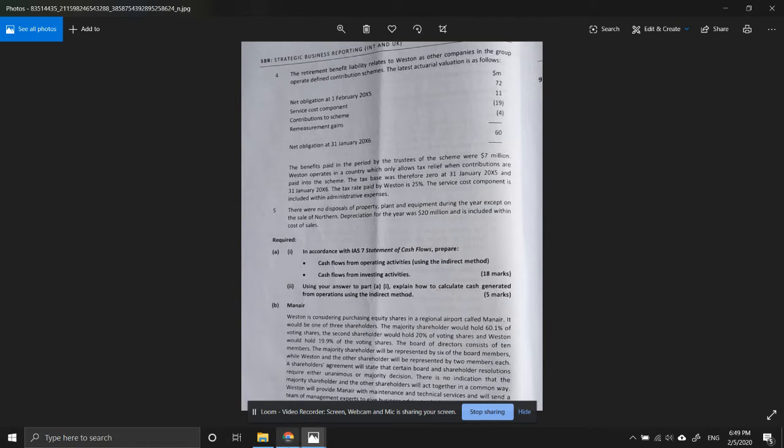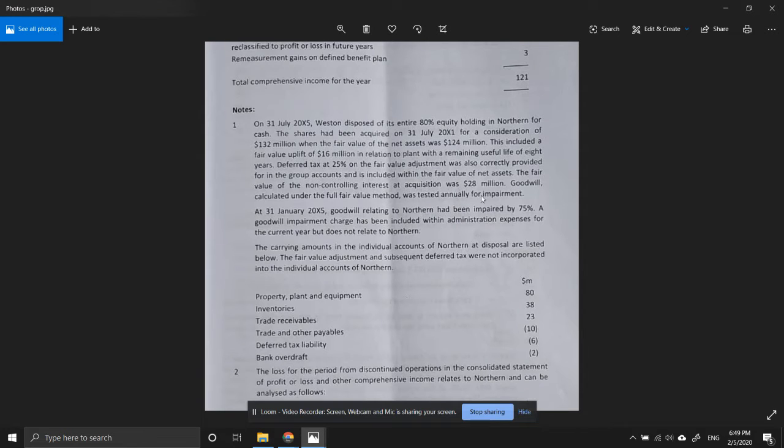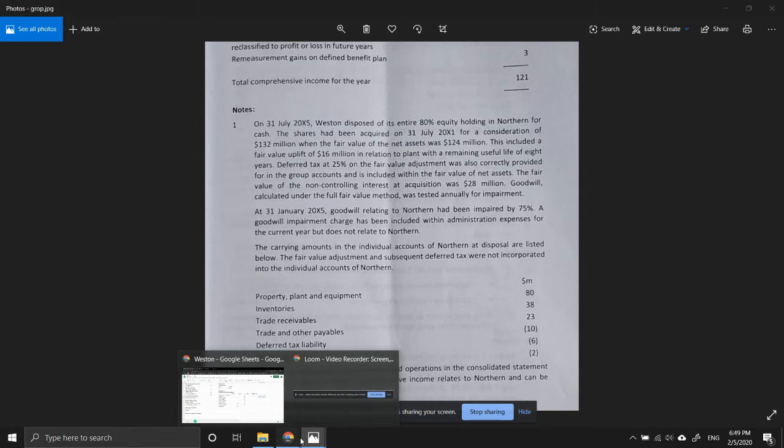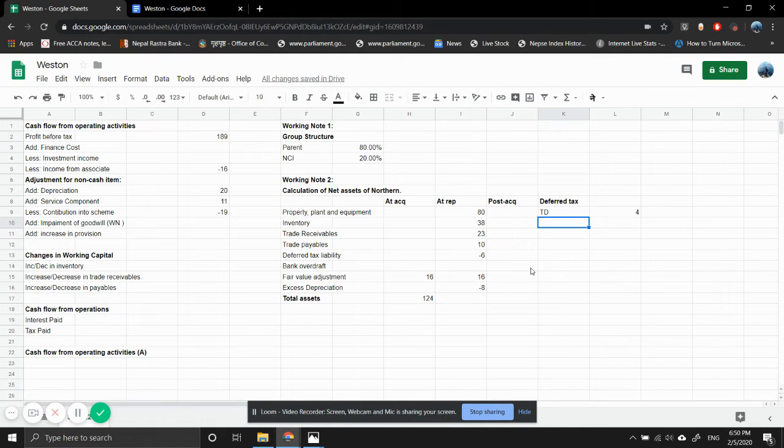So the deferred tax liability will be, there has been a temporary difference of this figure, right?